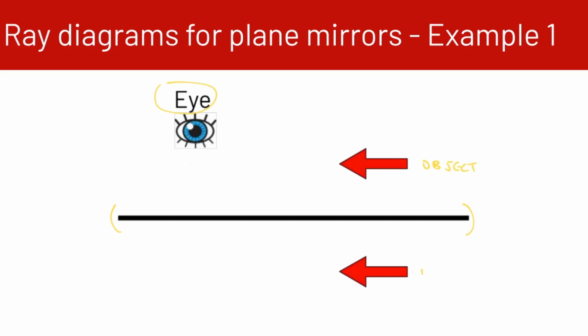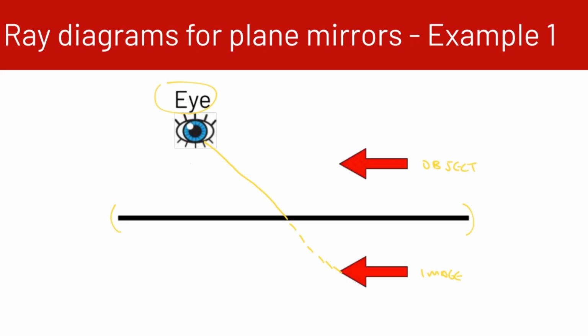And we place the image exactly across from the object, the same distance from the mirror as the object is. Then we're going to draw a line from the eye to the image. All right, there's our line from the eye to the image.